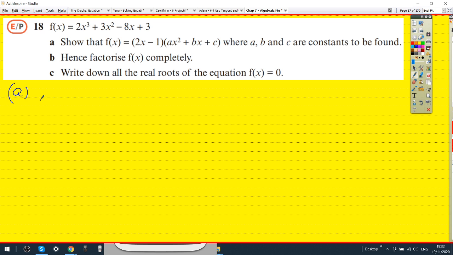So would you use long division for this? Yep. So would it be 2x minus 1 on the outside, and then 2x cubed plus 3x squared minus 8x plus 3 on the inside?